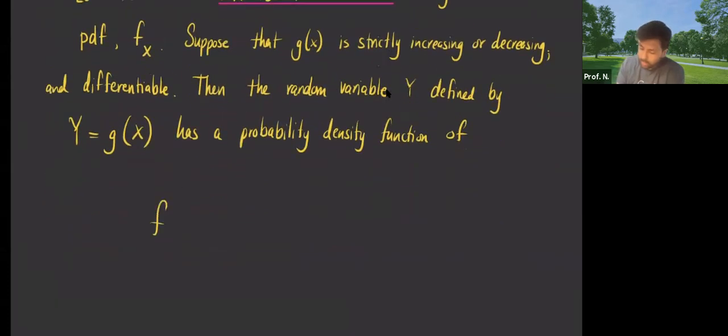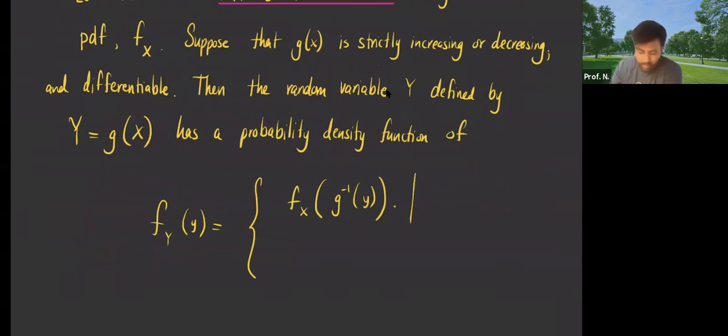so this is f of y of little y is equal to f of x of g inverse of y, multiplied by the absolute value of the derivative d dy of g inverse of y. This looks crazy, but with some examples, hopefully it starts to make sense.